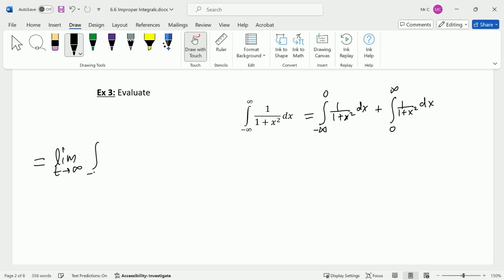So this is the limit as t goes to negative infinity, and t is the lower bound, to 0, of 1 over 1 plus x squared dx, plus the limit as, let's call this n, n goes to infinity, of the integral from 0 to n of 1 over 1 plus x squared dx.